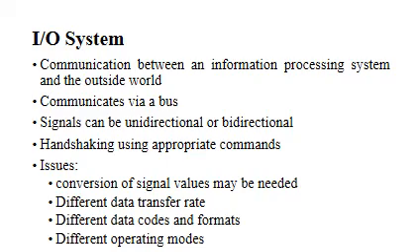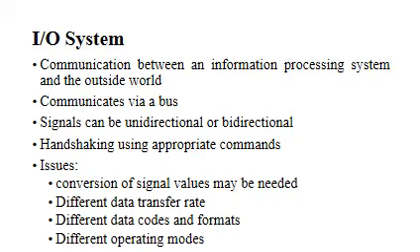Thirdly, data codes and formats in the peripherals differ from the word data format in the CPU and memory. And lastly, the operating modes of peripherals are different from each other and must be controlled so as not to disturb the operation of other peripherals connected to the CPU.